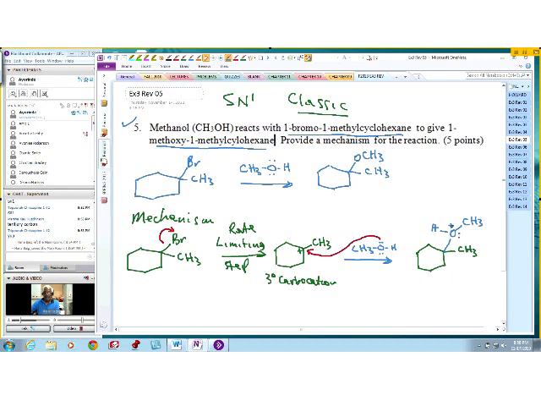This oxygen now is positively charged because it is using one of its non-bonding pairs of electrons to bond to this carbon. Now, what is going to happen? Remember that we started off with bromine leaving, so the bromide is still here.